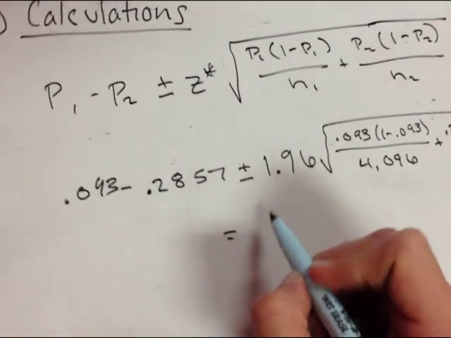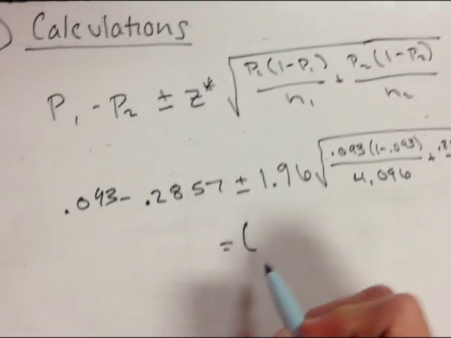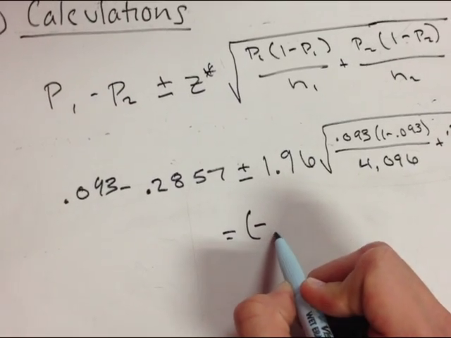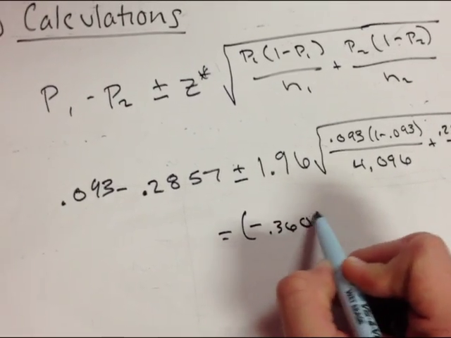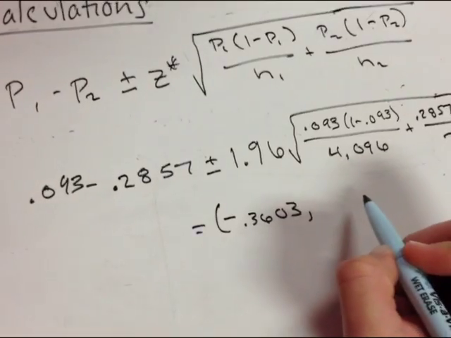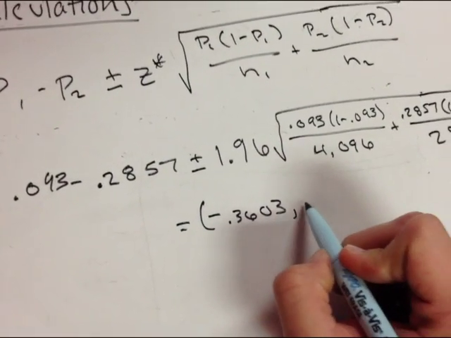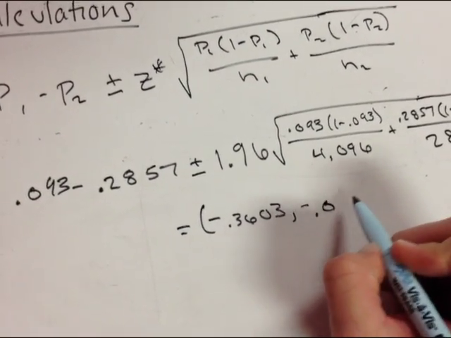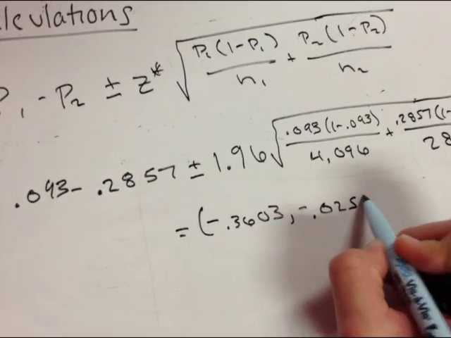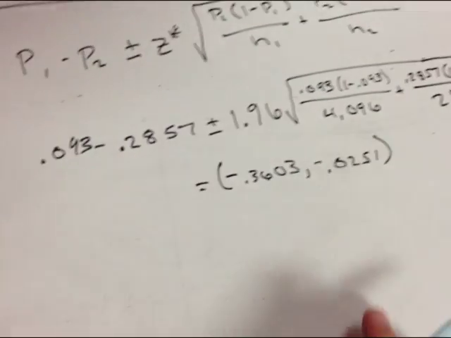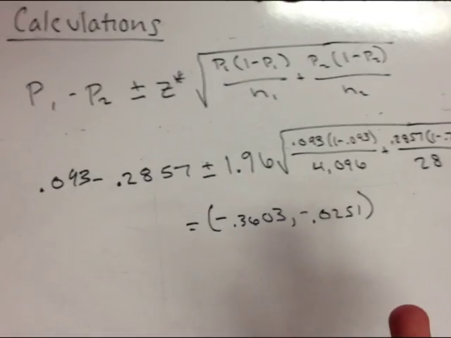That comes out to your confidence interval: when you subtract, negative 0.3603, to, when you add, negative 0.0251. And that's your confidence interval.